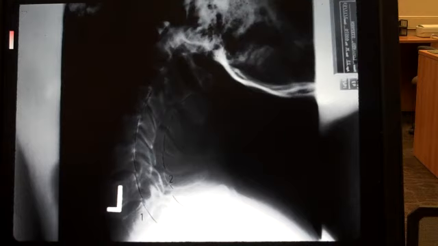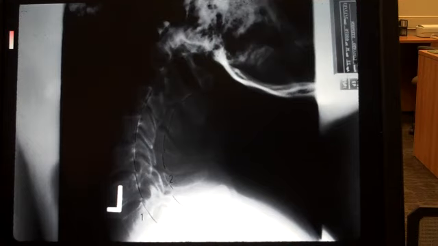And so if it changes, then we need to be worried about an instability at the atlas axis area, usually caused by a laxity of the transverse ligament, and the most common cause of that is going to be rheumatoid arthritis. And so if we have a person that presents with rheumatoid, most people think about extremities, but we also need to consider the cervical spine, and more specifically the upper cervical spine.